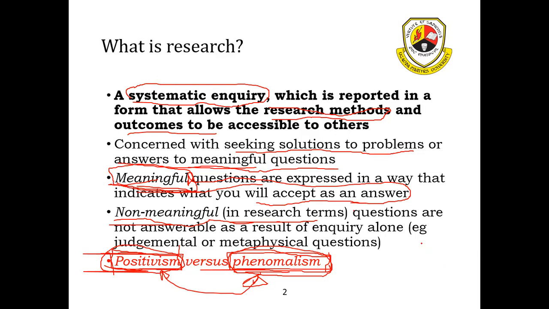You remember I gave you the example of research that was done on same-sex tendencies. A first group of researchers put forward a proposition that same-sex tendencies in a person are probably a result of DNA.